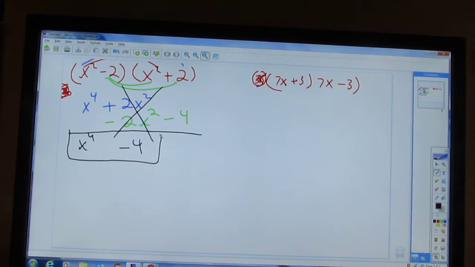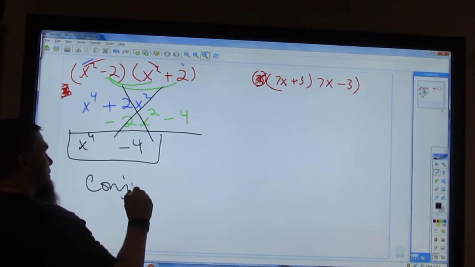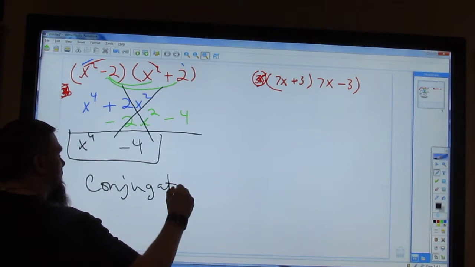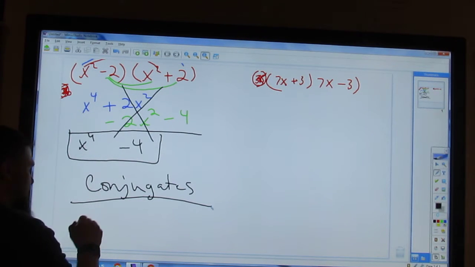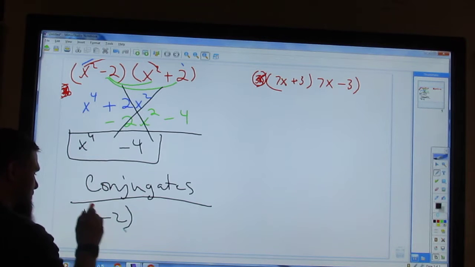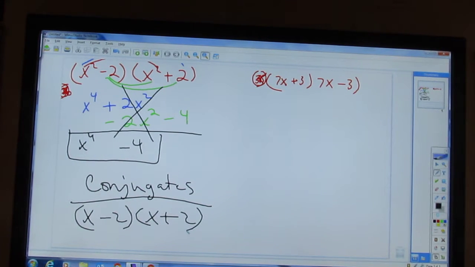So when you multiply two of these things, what we call these are conjugates. Conjugates are things that look exactly the same, except one has a plus and one has a minus. Right? And when you multiply these two things, you say, it's this squared.